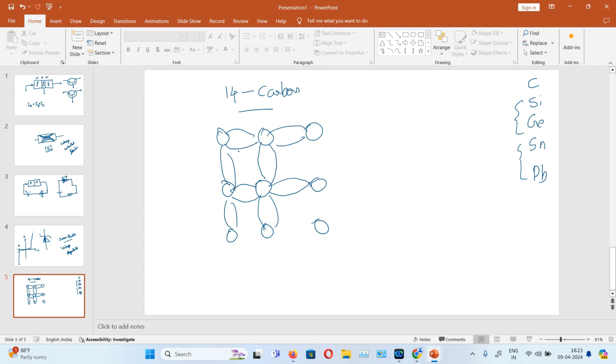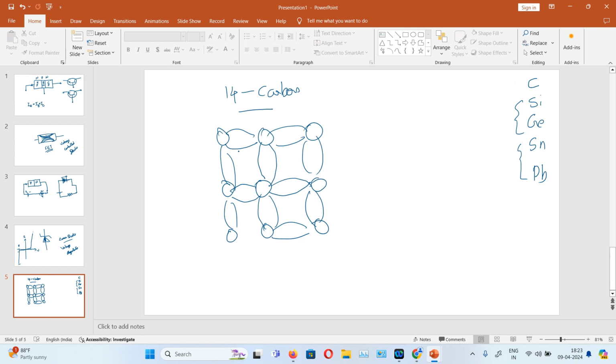So this is the reason. It cannot give all 4 electrons to one species and cannot take all 4 electrons from a species either. What it will do is share electrons. It will share all the 4 electrons of the outermost shell with the nearby atoms, so that it will be in a covalent bond.